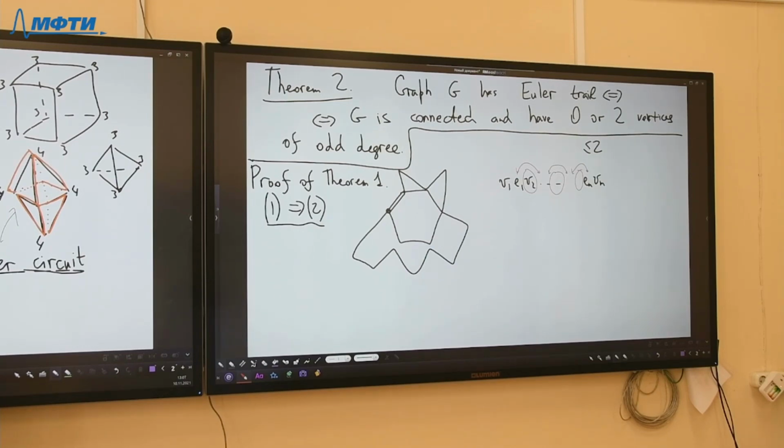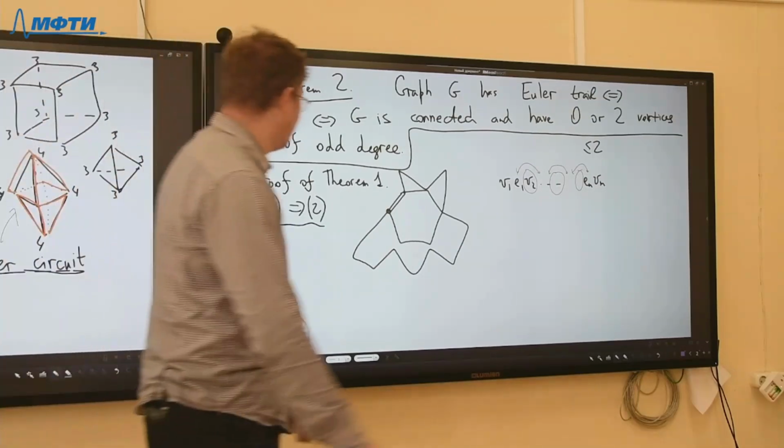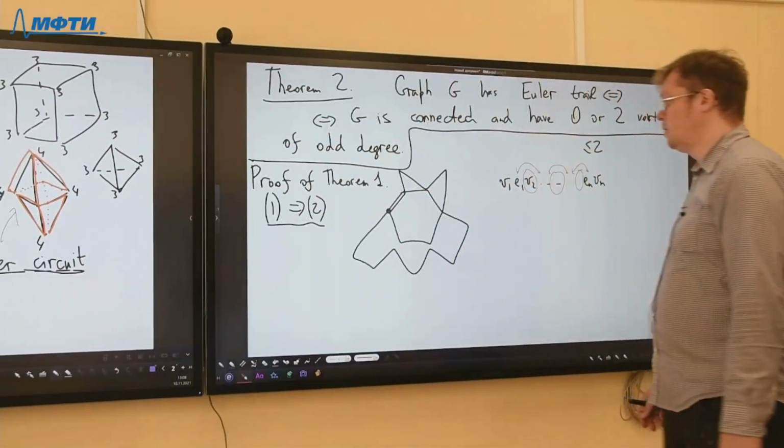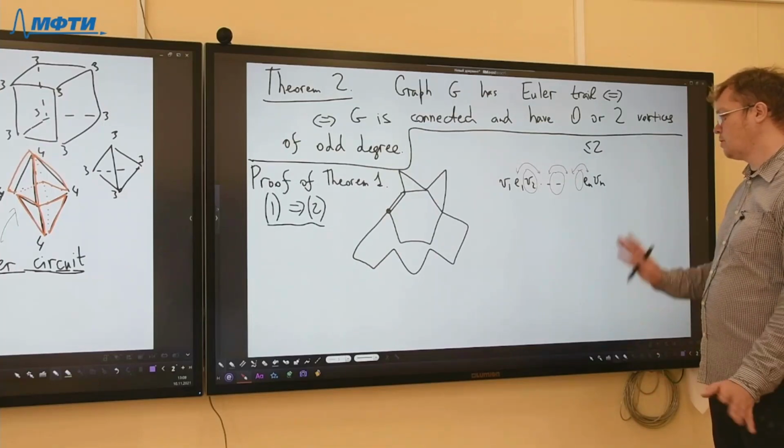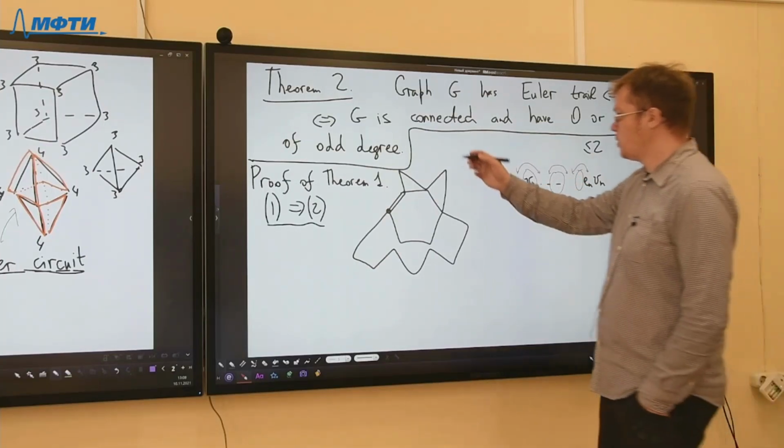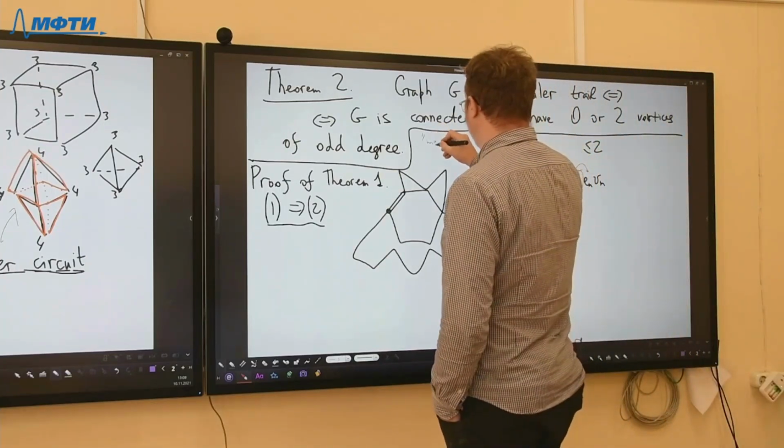Multigraph, yes. The multigraph is a graph with multiple edges, but if you have loops, in some books it's called a pseudograph. Okay, it doesn't matter right now, so we can just say that we talk here about a multigraph.